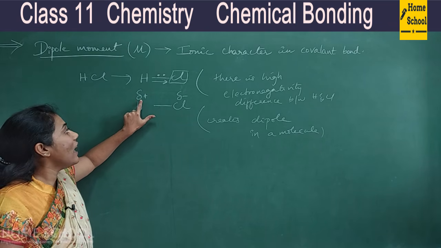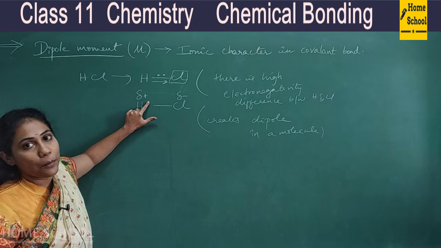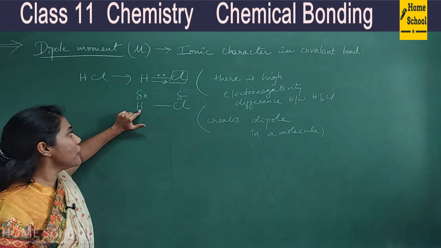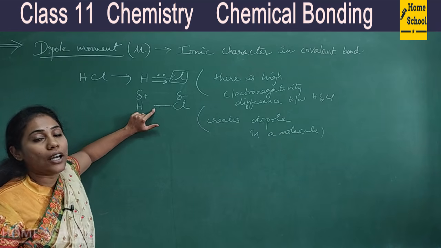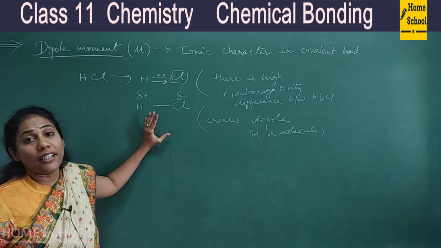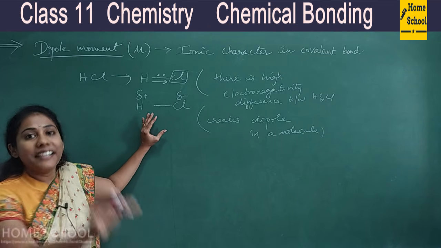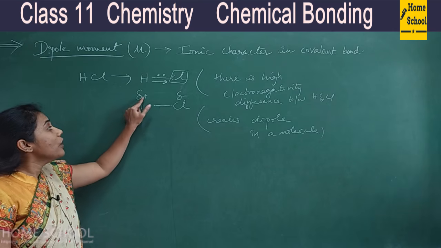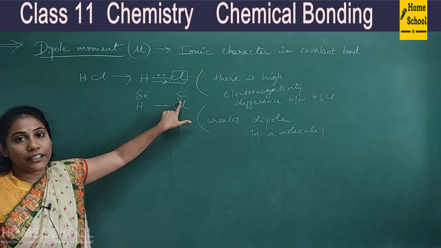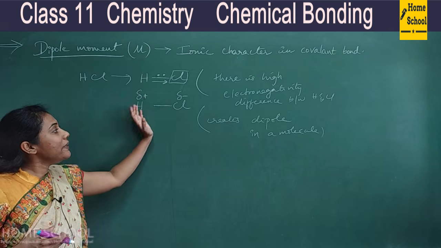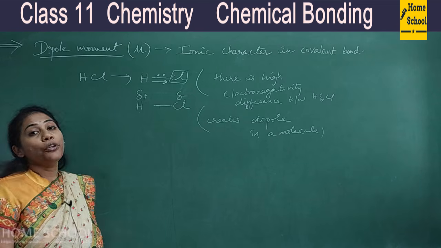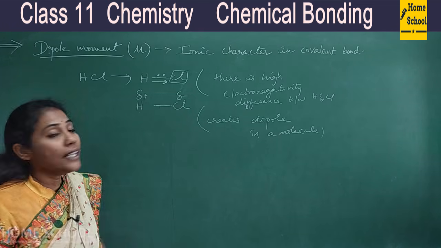This delta in chemistry means slightly positive. Whenever we write delta positive, it means hydrogen is not completely positive. It has not completely lost the electron. It has a slight deficiency of electron. That is indicated with this sign, slightly positive, and this we call slightly negative. Cl has not completely taken the electron of hydrogen, just the bond is slightly moved towards Cl because it is more electronegative.